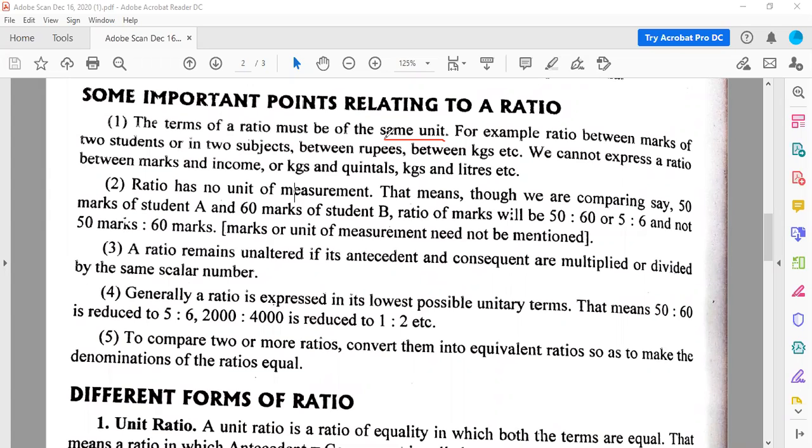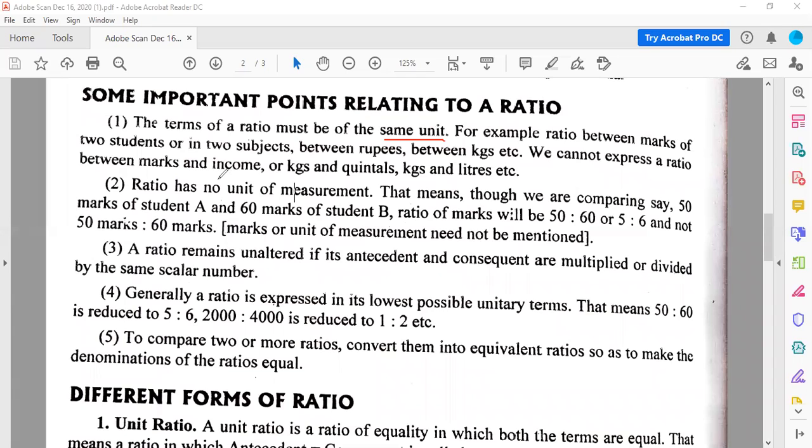But if at all they have given the terms or the weights or the units differently, if they've asked us to compare the marks of the student and the income of the student, it doesn't make any sense, because the comparison or the ratio whatever we form does not make any sense at all, right?